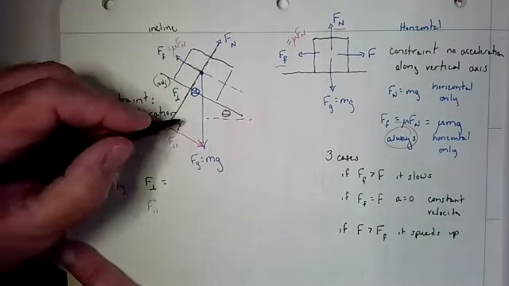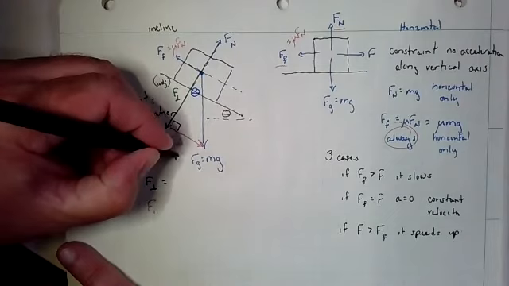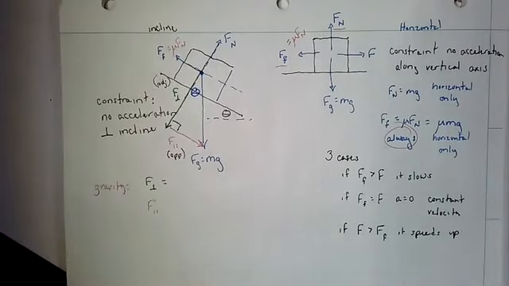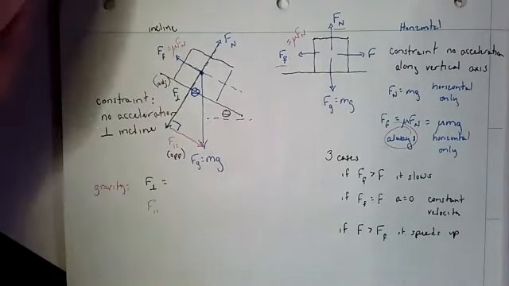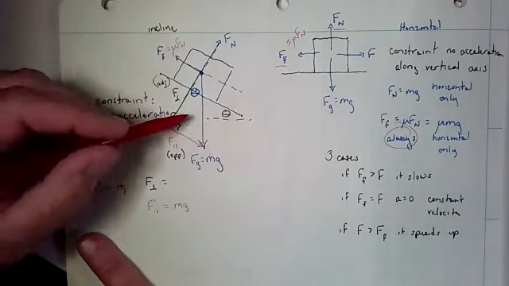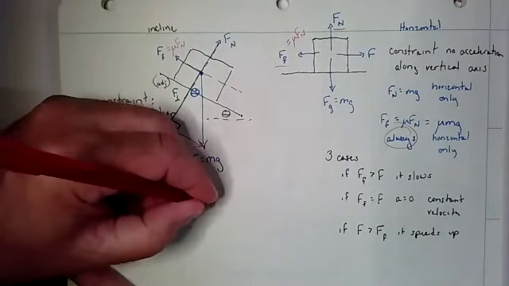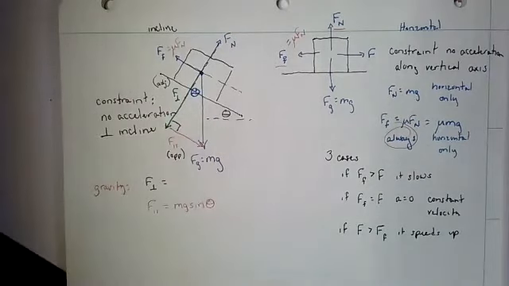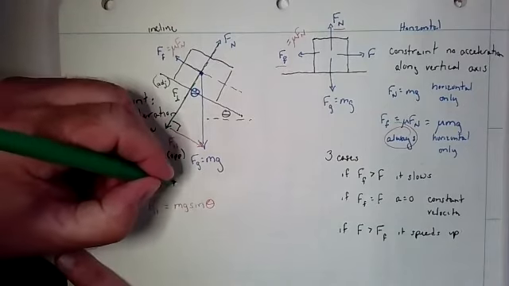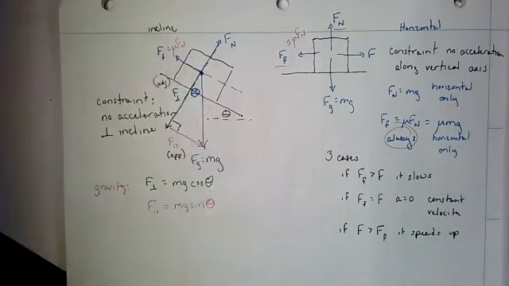And here, the parallel component is opposite. So this is going to equal mg, and since it's opposite, sine theta. And then this is going to be mg cosine theta.